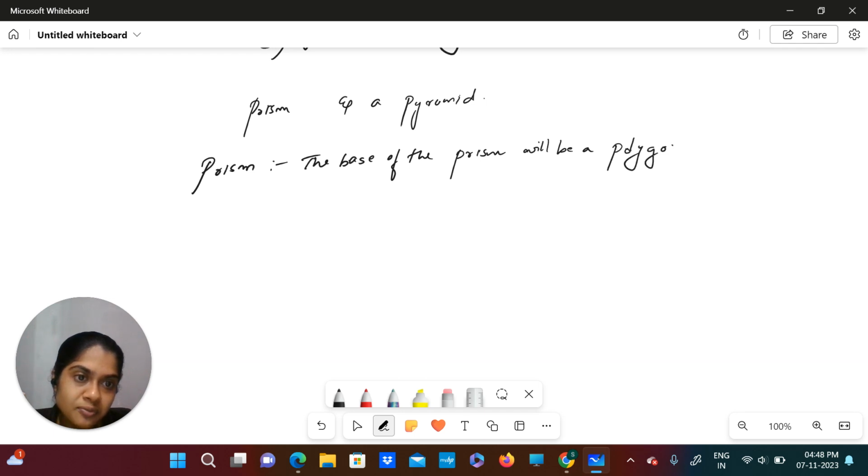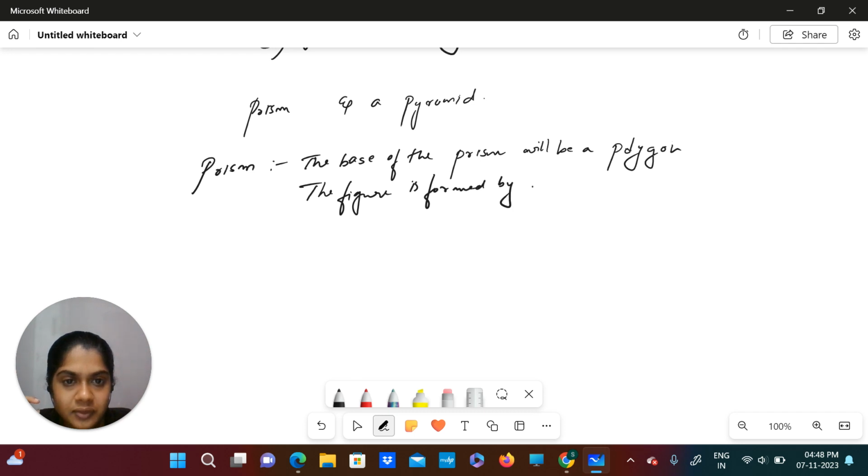Polygon means a figure made up of line segments. In a prism, the base will always be a polygon, and the figure is formed by extending the base face to some height. That is a prism.